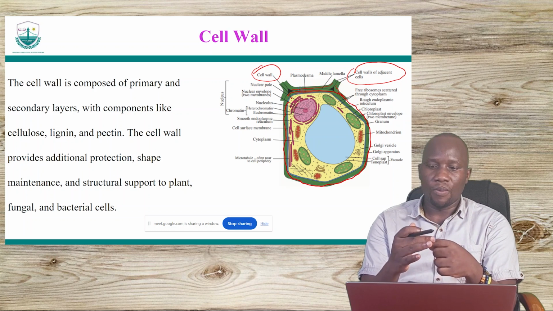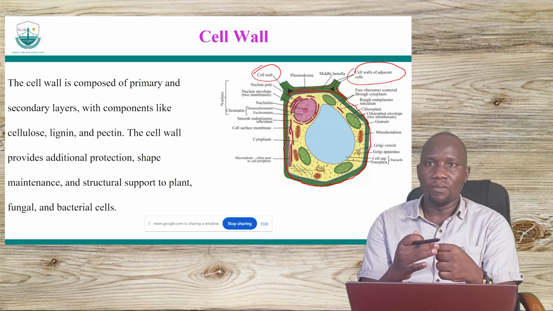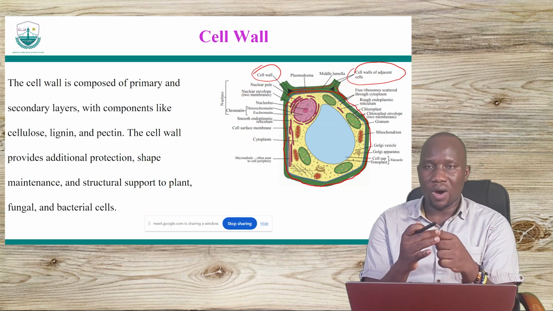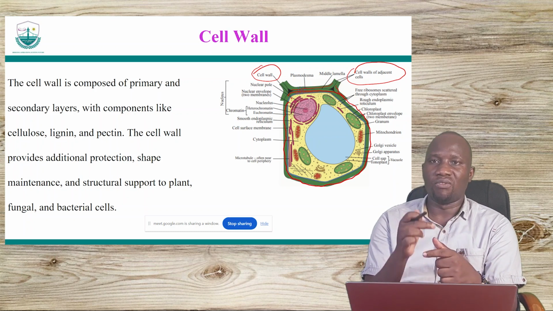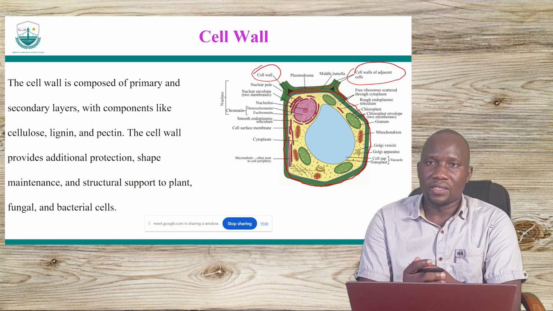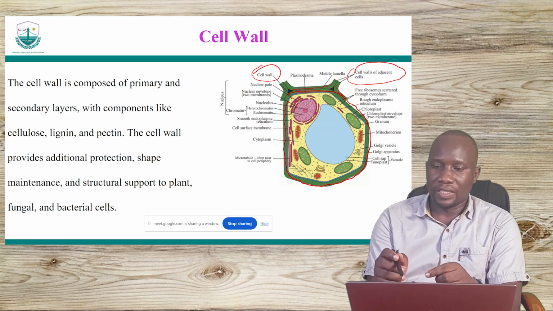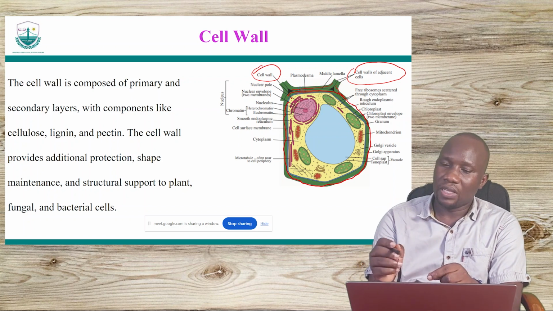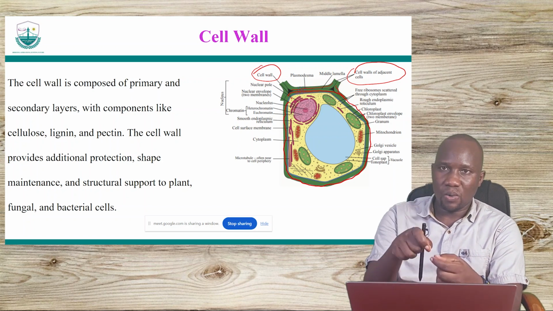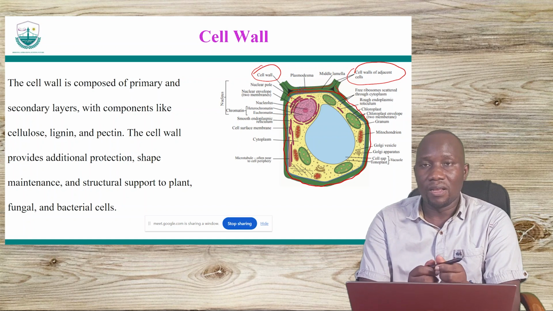So a cell wall of one cell is connected to the cell wall of the next cell or the adjacent cell, and there is usually a communication. That is, there are channels that connect between the cell wall of the adjacent cell.